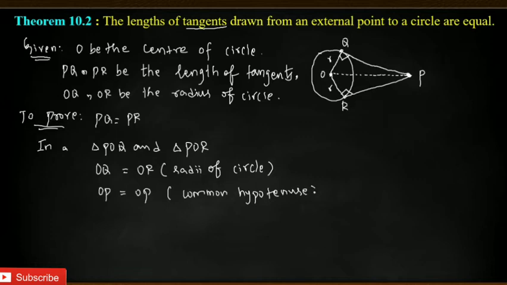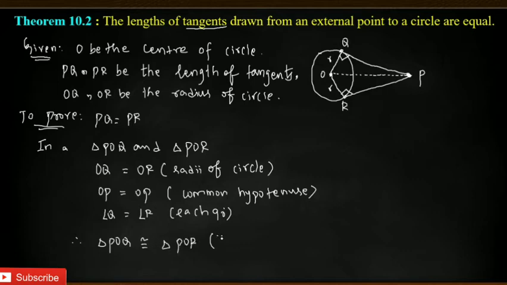Common hypotenuse. And next, angles Q and R are 90 degrees each, which I am also mentioning here. Now you see, children, therefore triangle POQ is congruent to triangle POR.